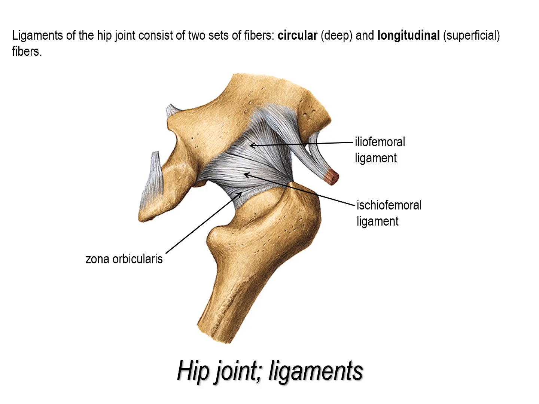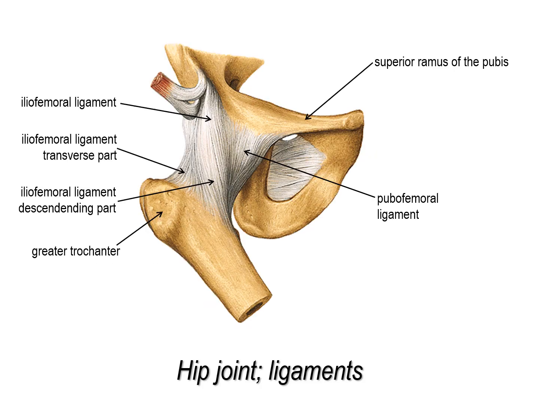Longitudinal or superficial fibers form three different ligaments named iliofemoral ligament, ischiofemoral ligament, and pubofemoral ligament. The iliofemoral ligament is an inverted Y-shaped ligament. It lies in front of the articular capsule and at the anterior surface of the joint.